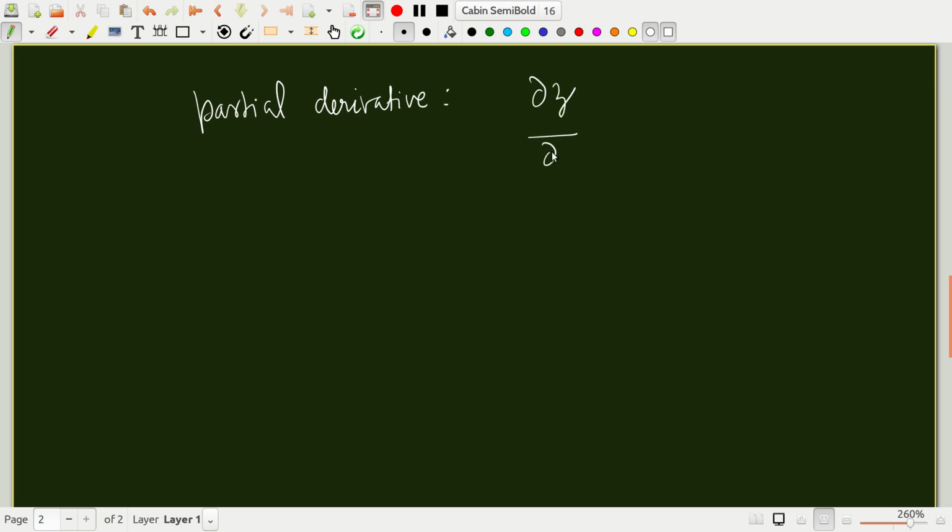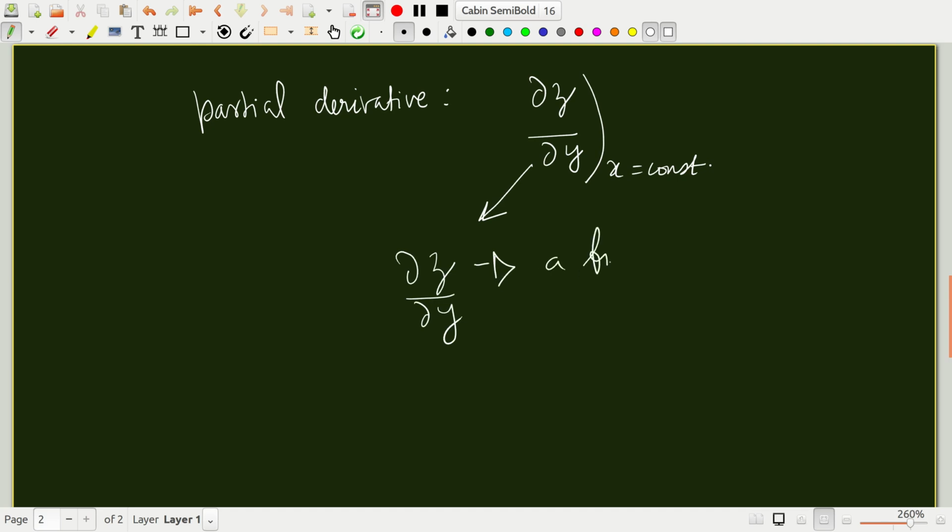In the example I gave, we considered x to be a constant. So this is how z is varying with y provided x is fixed to a given number, and this partial derivative itself is a function in general. Partial z by partial y is in general a function of both x and y.